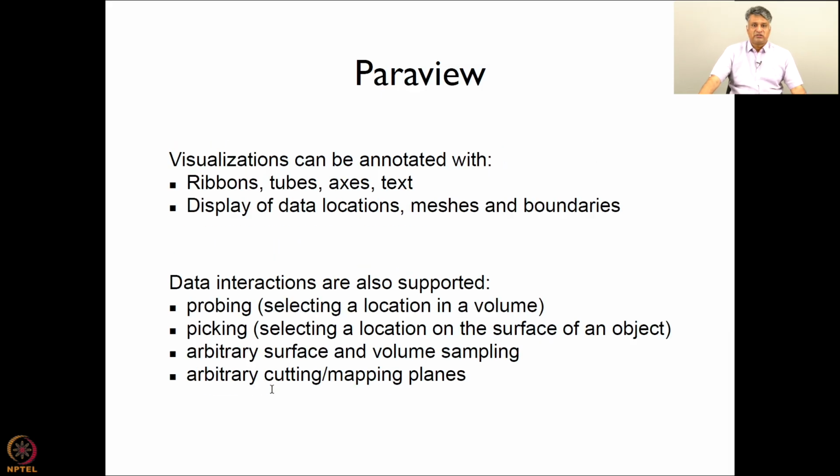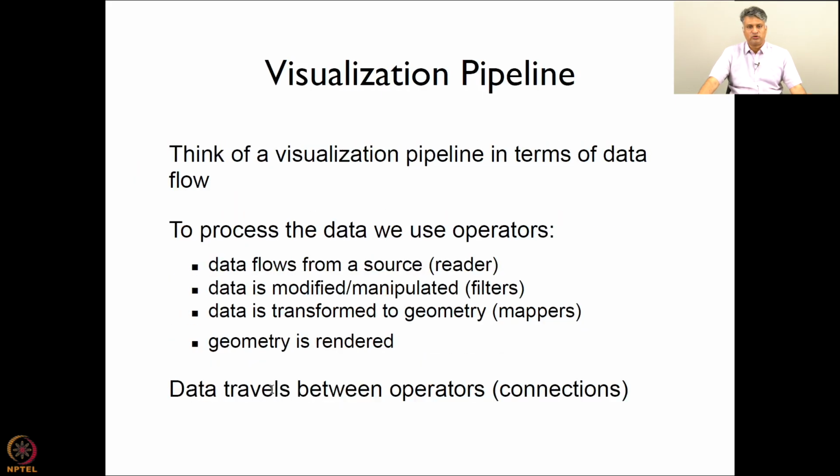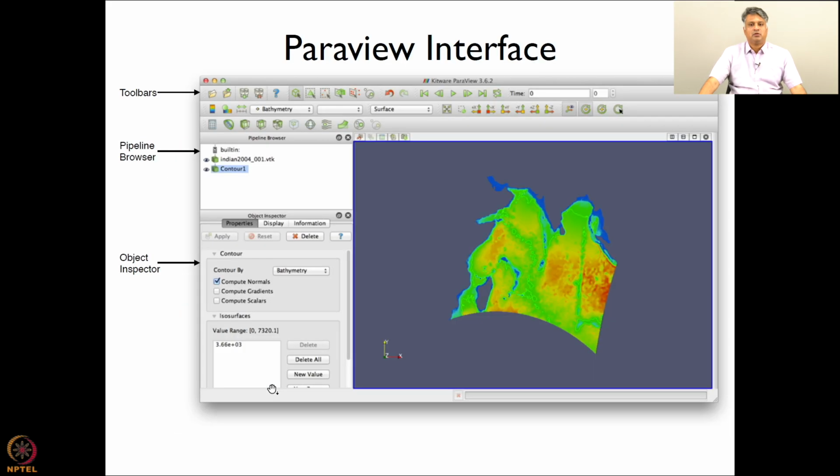The visualizations also need to be annotated, in the sense, for example, in the case of the Indian Ocean. Now, we are very familiar with the Indian subcontinent, so we readily recognize this image. But it's quite possible that some viewer or some student might not be familiar with this map. So we can annotate this, saying that, oh, this is the west coast of India, this is the east coast of India.